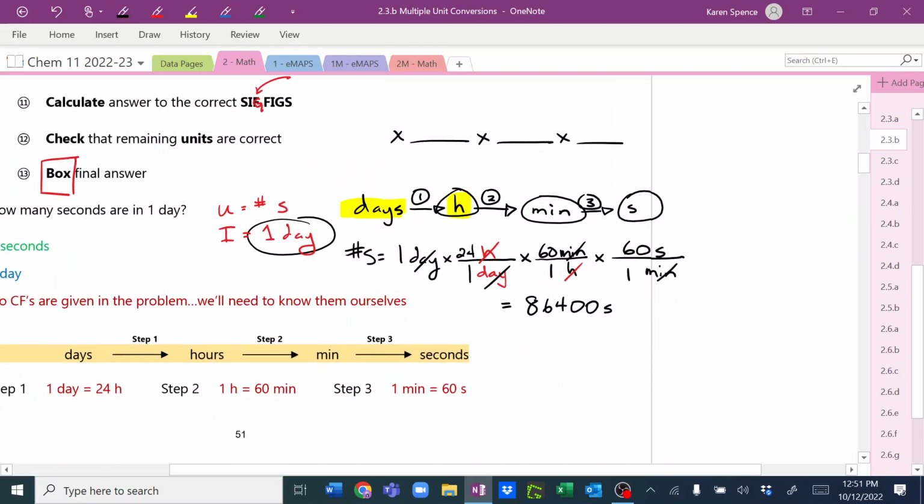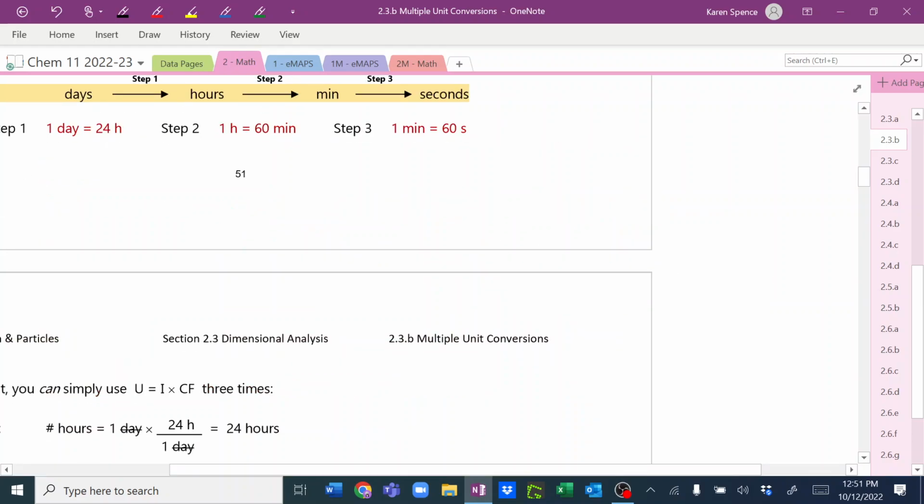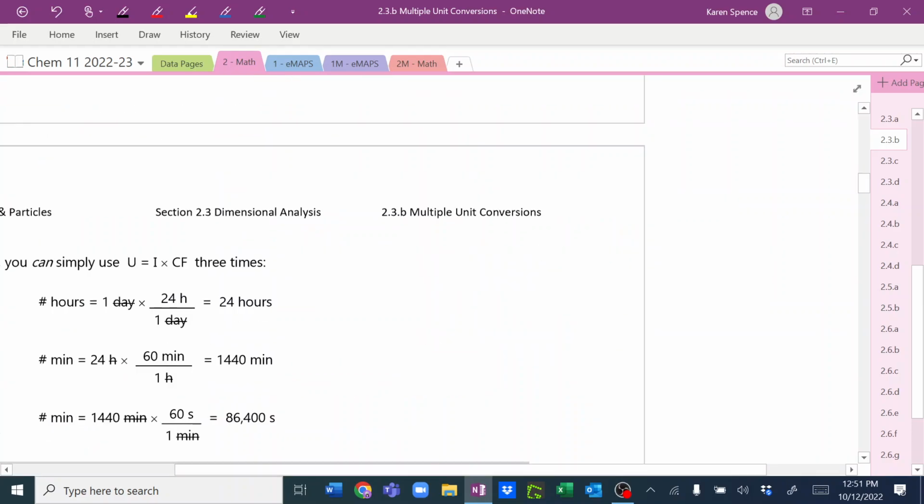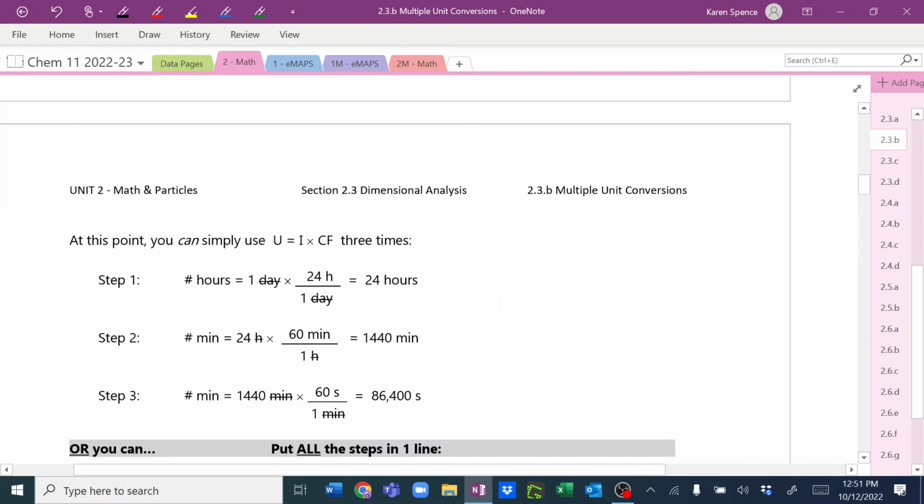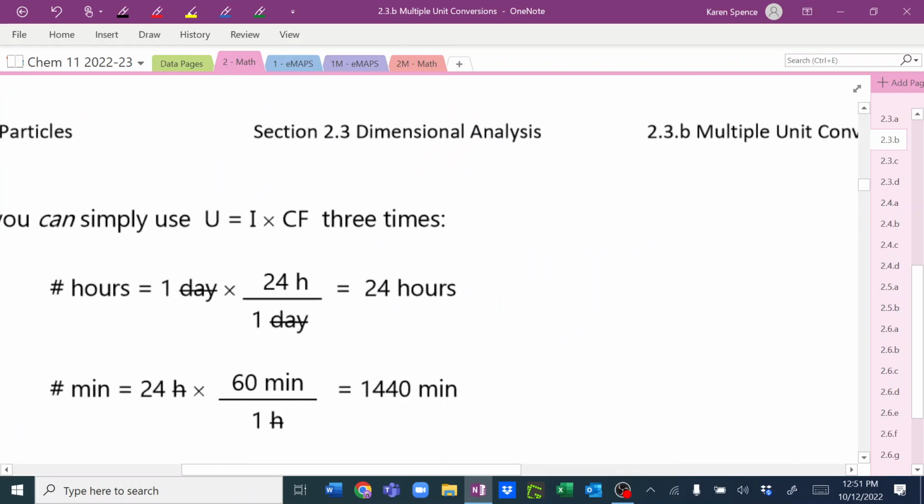Okay? You could do this in a series of steps. You don't have to do it all on one line, right? You could convert my days into hours and put an equal sign, and then I could convert separately on the next line.